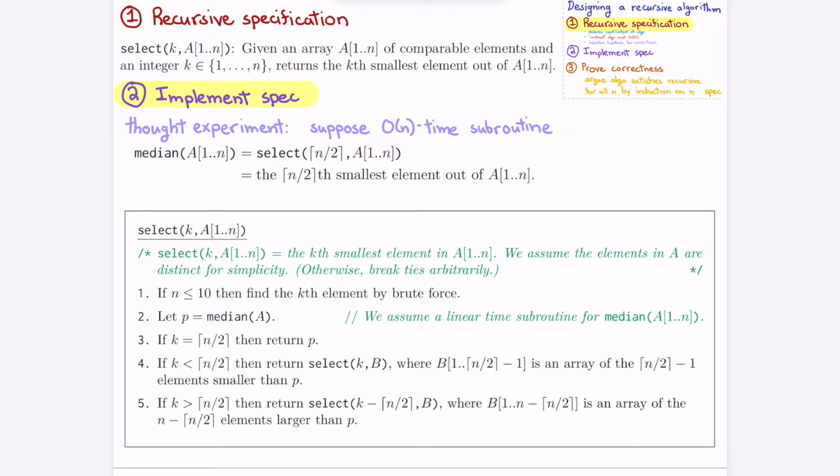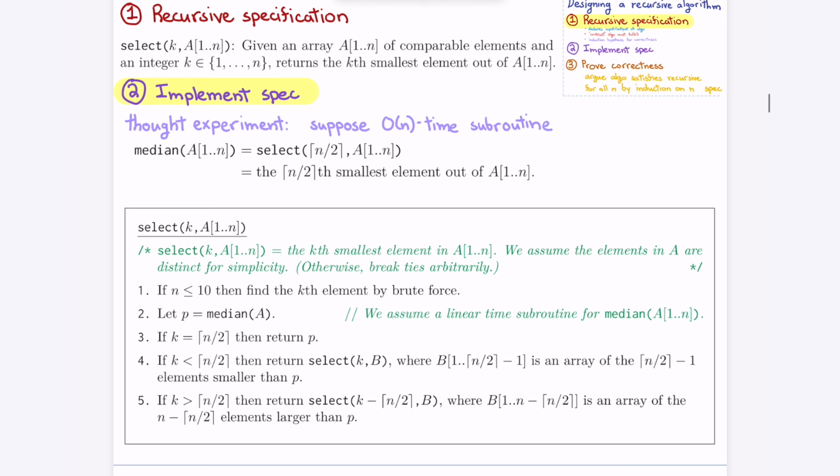And here I'm going to subtract that n over 2 from k, because the rank is relative. Nothing too deep. If you took your time, you wouldn't make this mistake, but if you're rushing, you might skip that detail.